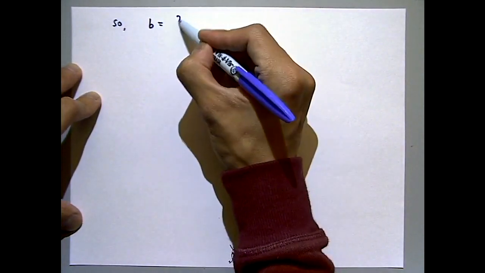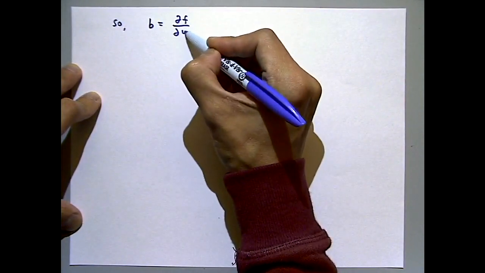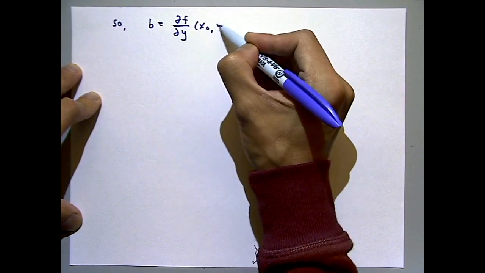So b is equal to the partial derivative of f with respect to y at x0, y0.